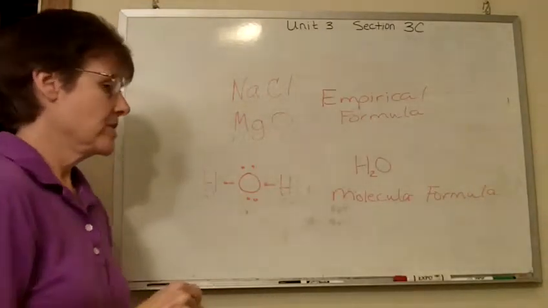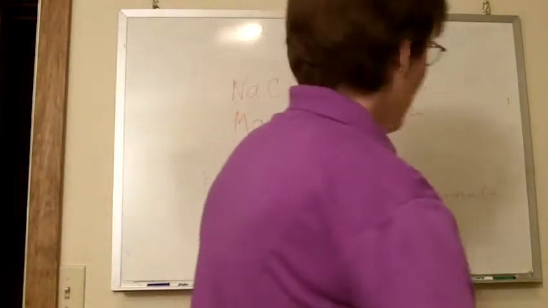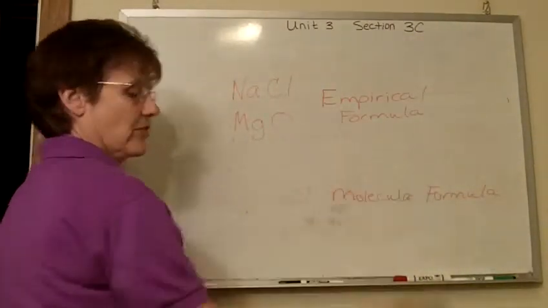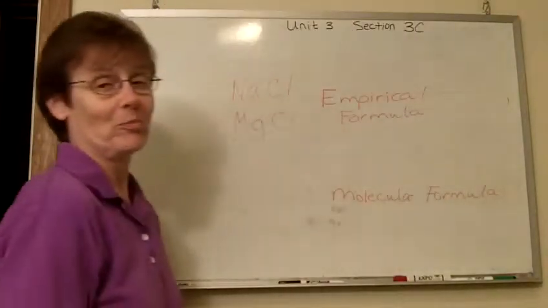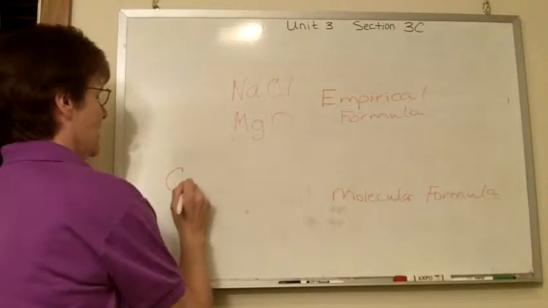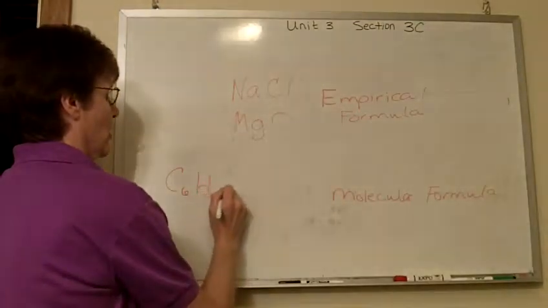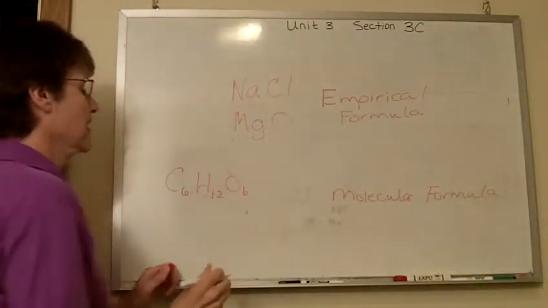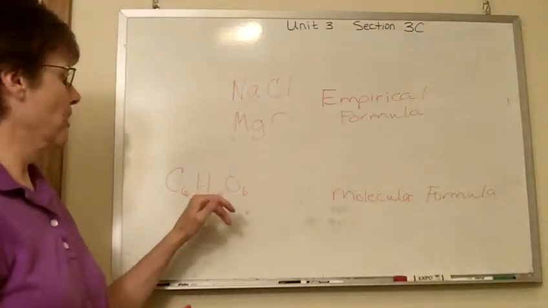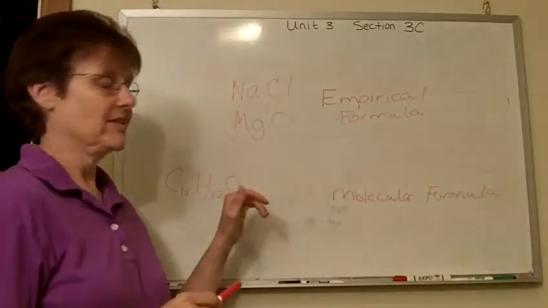And sometimes you can have molecules that can be reduced. For example, you might remember from biology something called glucose, C6H12O6. So every glucose molecule has 6 carbons, 12 hydrogens, and 6 oxygens.